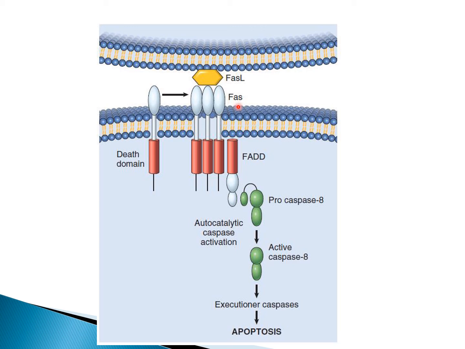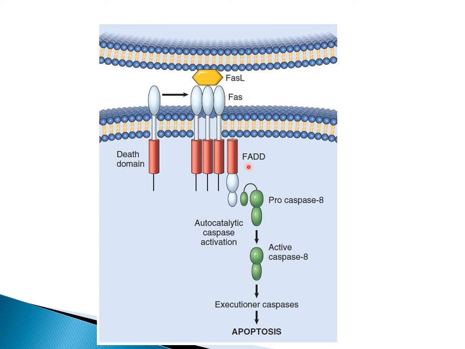This FAS usually binds to the FAS ligand, which is usually present on the surface of T lymphocytes that recognize the cells that express the FAS receptor. So the binding of the FAS receptor to its ligand, usually on cytotoxic T lymphocytes, like a lock and key, will lead to activation of the death domain.